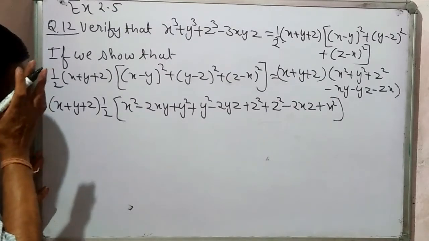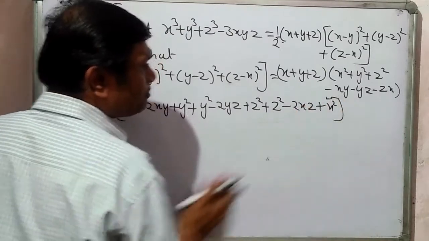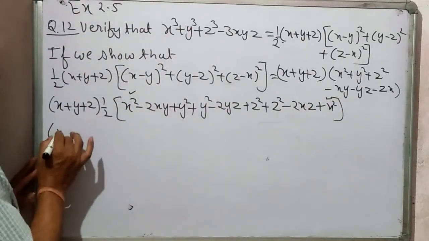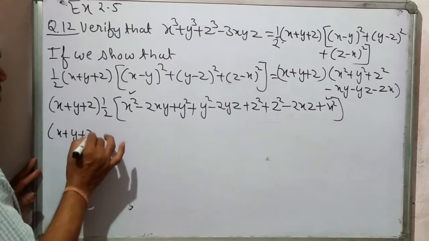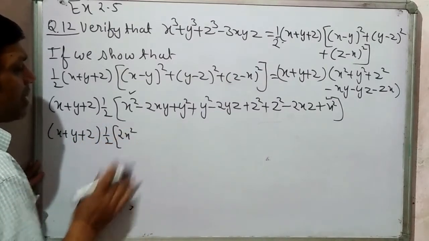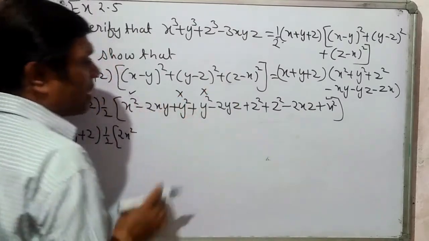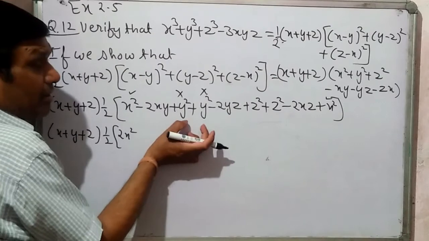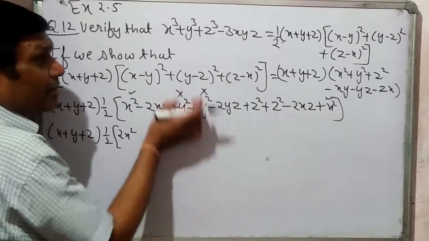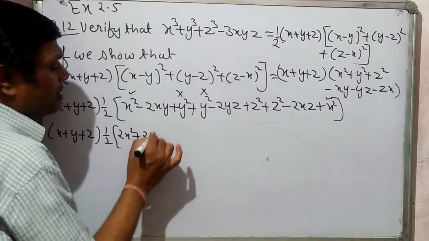What we are seeing over here is we have x square 2 times. We have twice x square. We have y square 2 times. I am putting separate marks on the like terms so you can identify them. Plus twice y square.